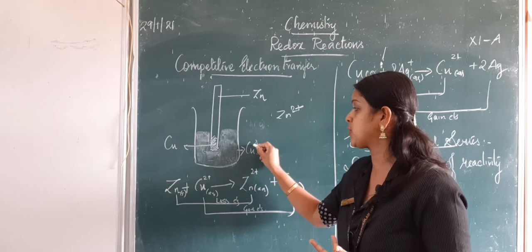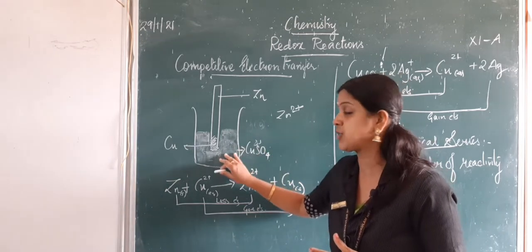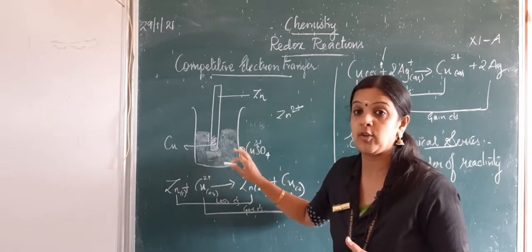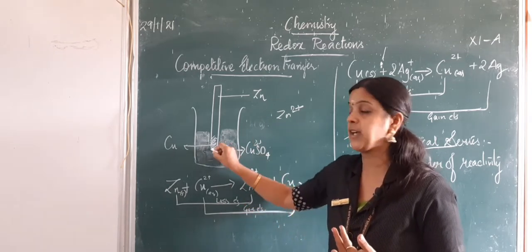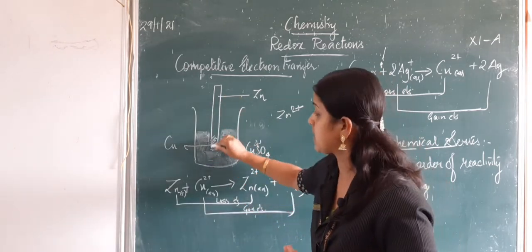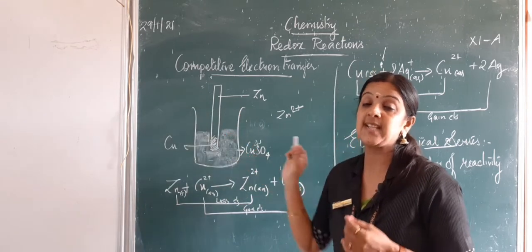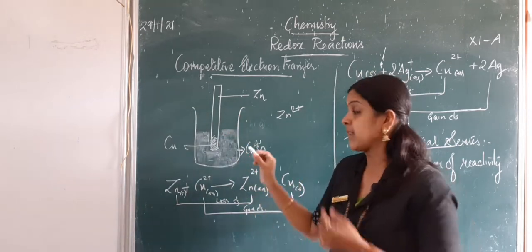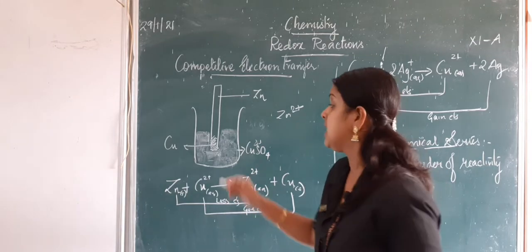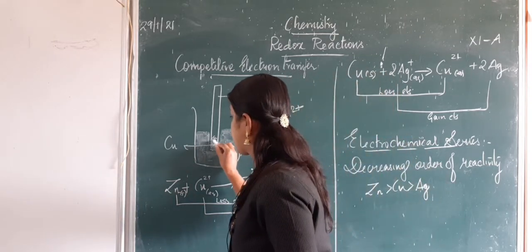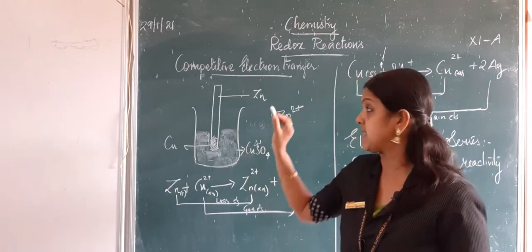And what will happen to the copper 2 plus ions in the solution? Those copper 2 plus ions accept the electrons from the zinc, get themselves reduced and get deposited on the zinc rod as copper atoms. So, later after the whole reaction is completed, there will be a reddish deposit on the zinc rod.